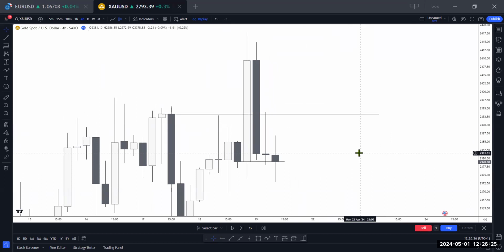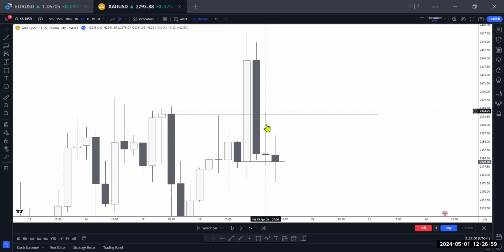How many times has price used this HNS level? Fresh. One time. Can you show me? Right here. Good, very good. So price has used this level once.